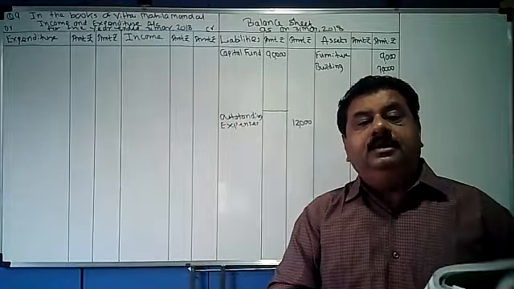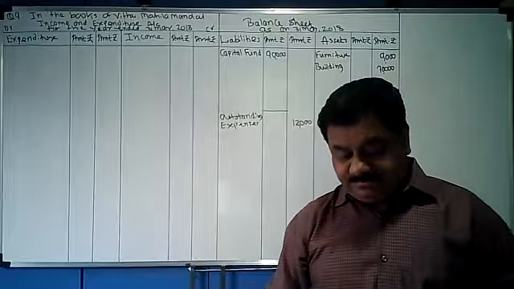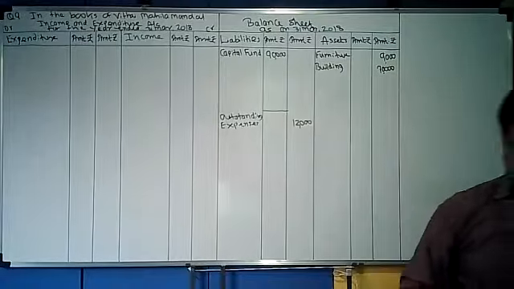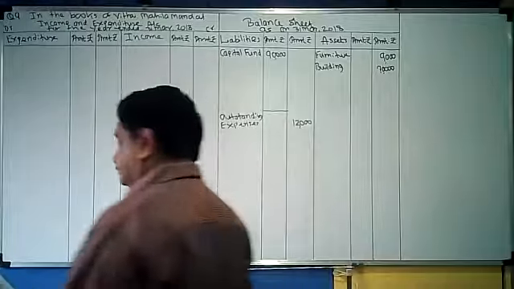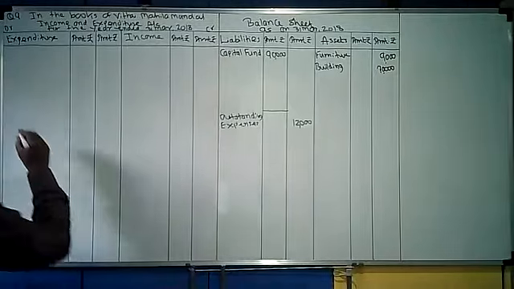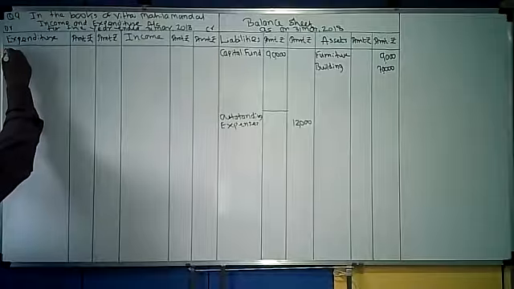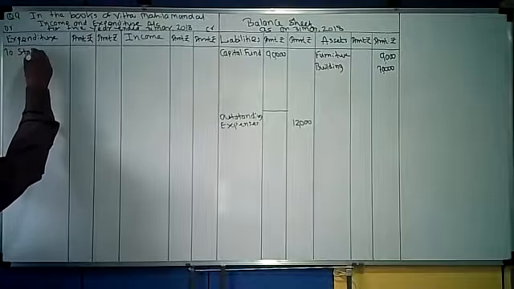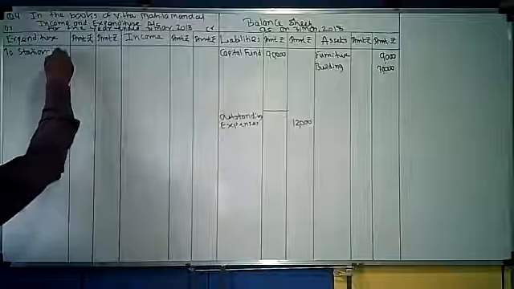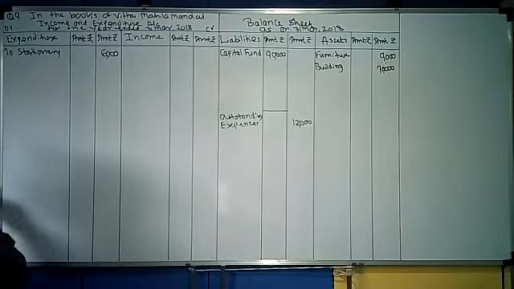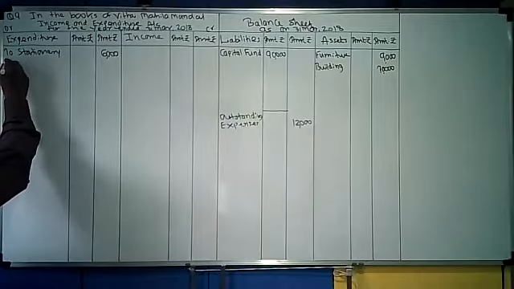Now look at the payment side. Stationery, rupees 6,000. Then thereafter it is given to you as repairs to furniture.